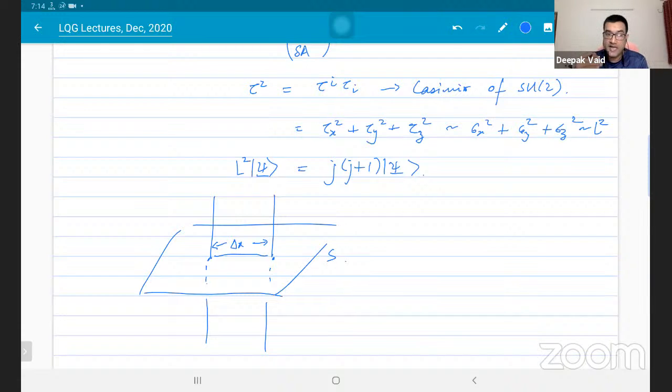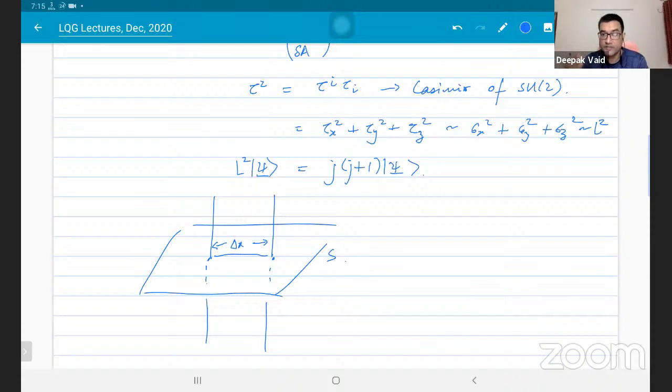Because you see, a surface has a metric if it has some area. If a surface doesn't have any punctures, then you can always define a surface with a vanishing metric. A surface is just a topological space.